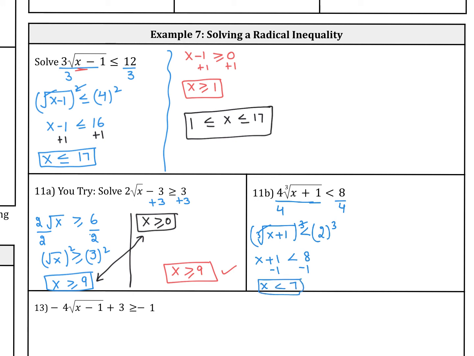If you talk about the constraint here, the inside expression is x plus 1. x plus 1 should be greater than or equal to 0, and x should be greater than or equal to negative 1.